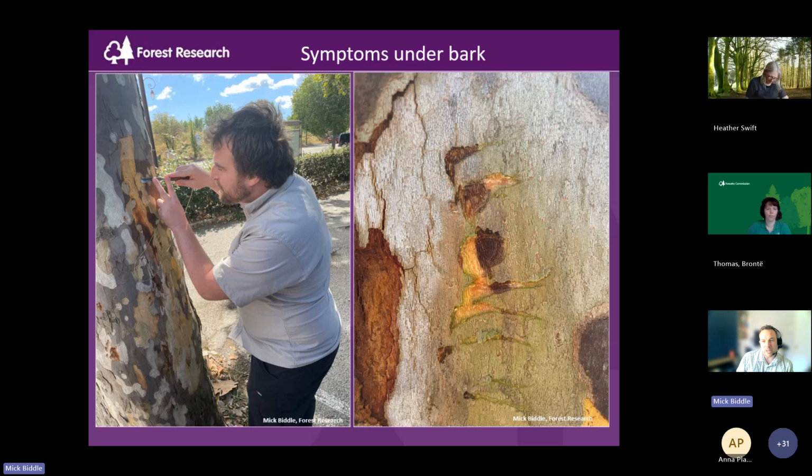And then underneath the bark, when you scrape away the cambium, you get staining in the xylem, which extends right into the center of the tree along the medullary rays, and that's what gives this stain, the canker stain, which gives the disease its common name. You see under the bark.